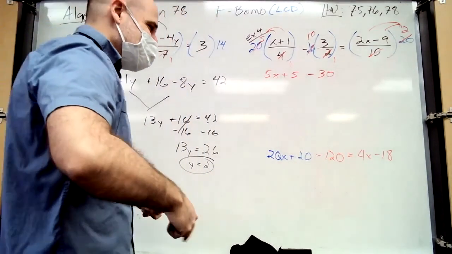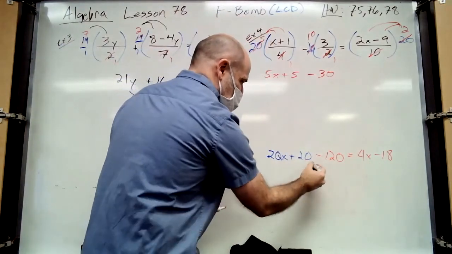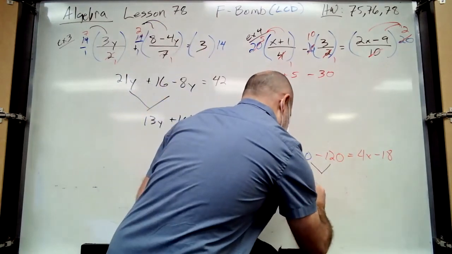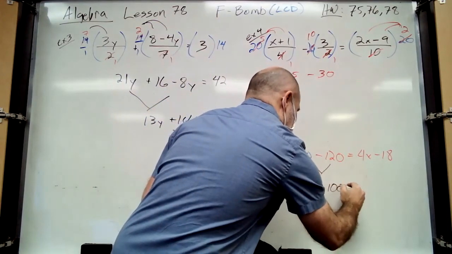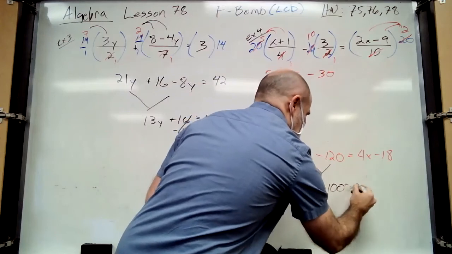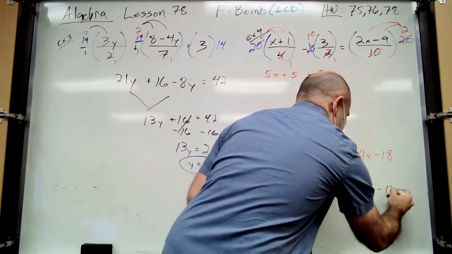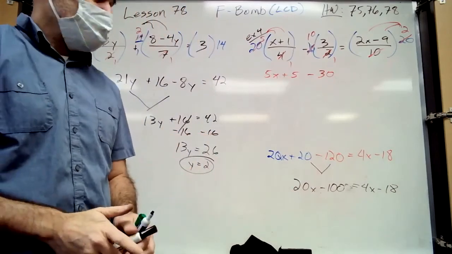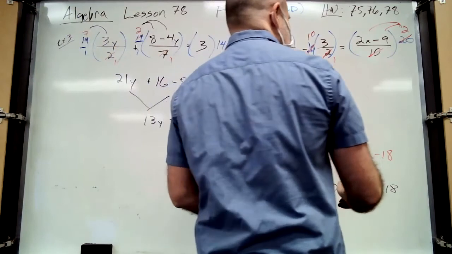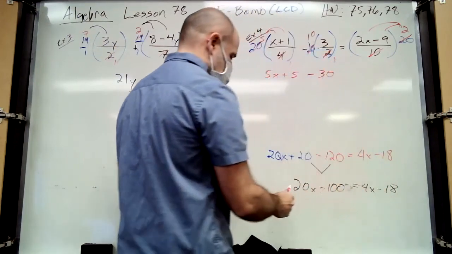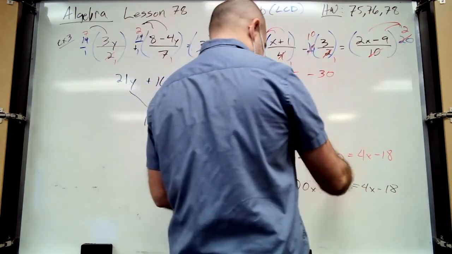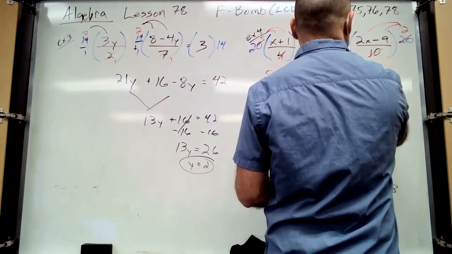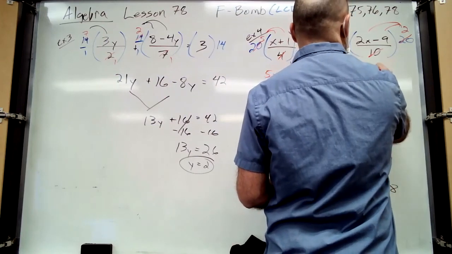Okay, so you might have just combined like terms wrong or whatever, but here's our like terms here. That's the only like terms. So I get 20x minus 100, not 1,000, equals 4x minus 18. Okay, that's fine. So that was 16x minus 72, and then you would have gotten, oh wait, I'm doing it down here, and I should have been, sorry, equals 4x minus 18.